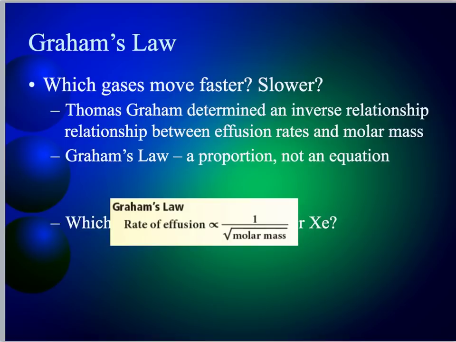So the lighter gases, and this is the relationship you want to remember, the lighter it is in terms of its molecular weight, the faster it's going to go. So between helium or xenon, helium is going to move faster. It's much, much lighter.